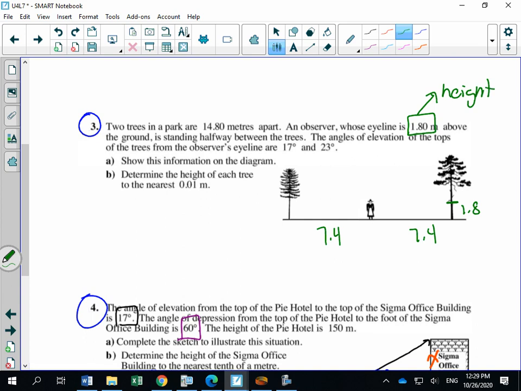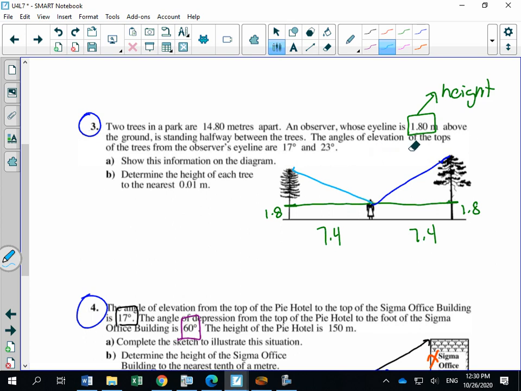And then this piece of the tree is 1.8. Okay? So she could look straight ahead, or she could look to the top of each tree. And I know that this is 7.4, and I know that this is 7.4.